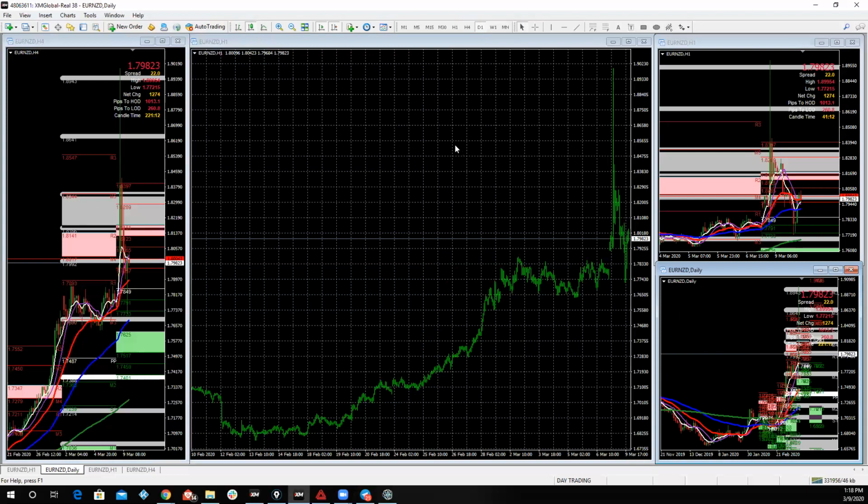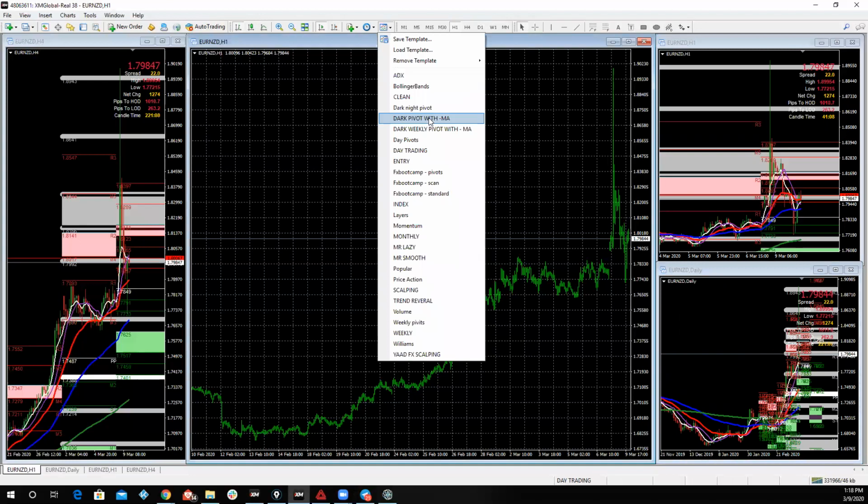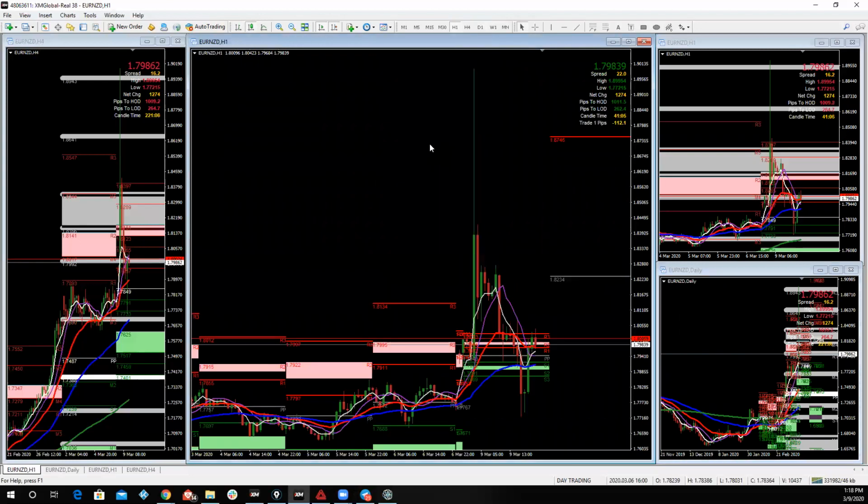And in the middle right here, I'm going to use my daily pivot points, only daily, right? No confluence, no mix, no nothing.